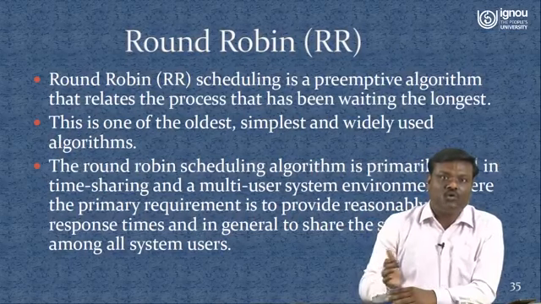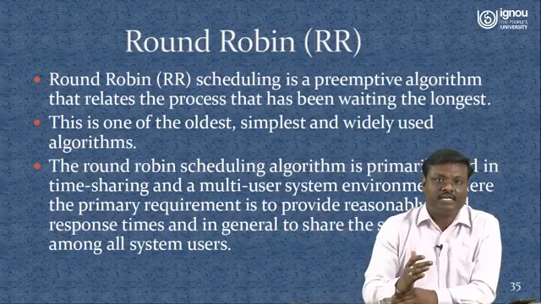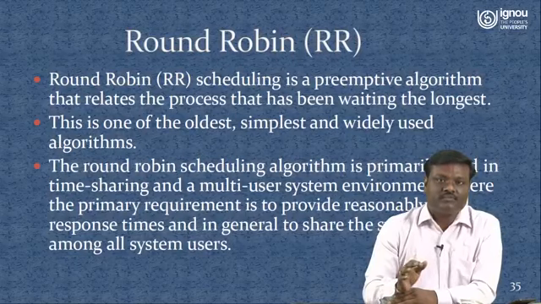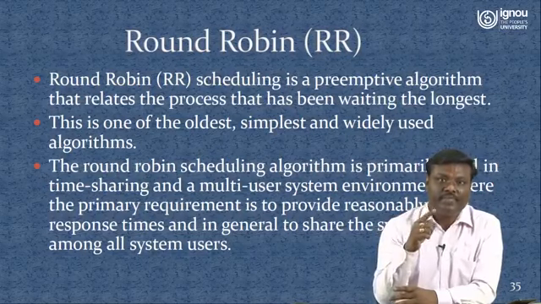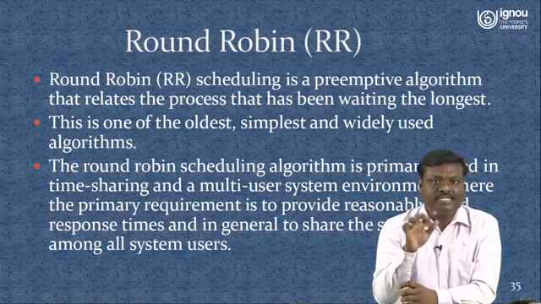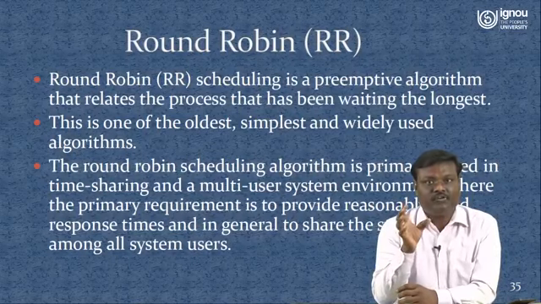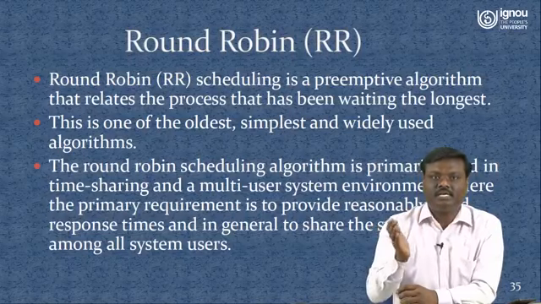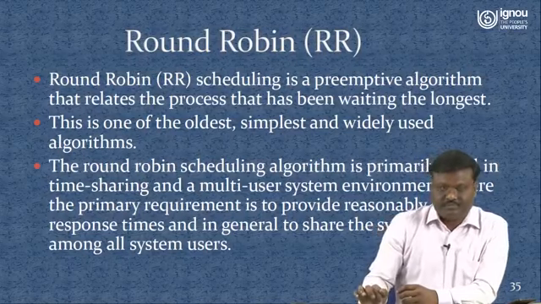Likewise, the whole round robin will be done for the whole system, for the waiting processes, and then once again it will be coming back to P1. It is a kind of circular queue wherein, depending upon the time quantum or the time slice, the shift will be happening.